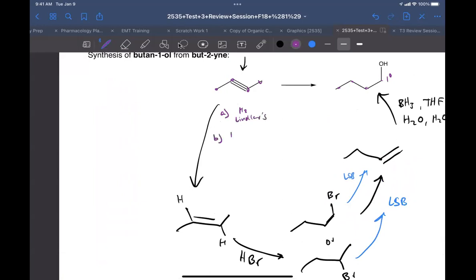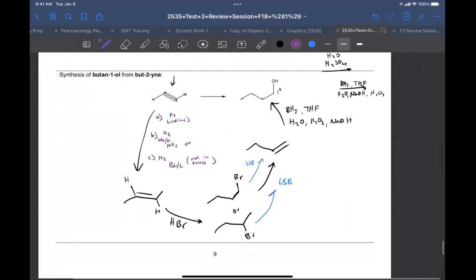B, another way you can do it, H2, lithium or sodium, ammonia, at 0 degrees or something very cold. I forgot which one. And then just H2 Pd/C, and not in excess. Because if we did 2 equivalents of H2 Pd/C, it'll reduce the entire thing into an alkane.